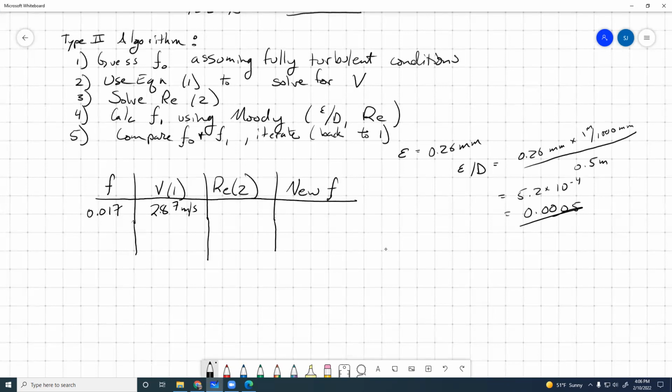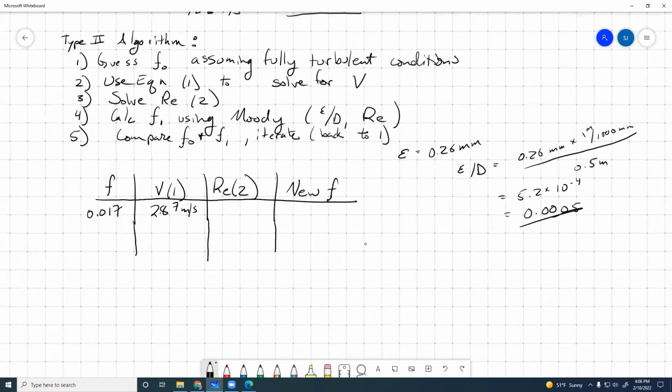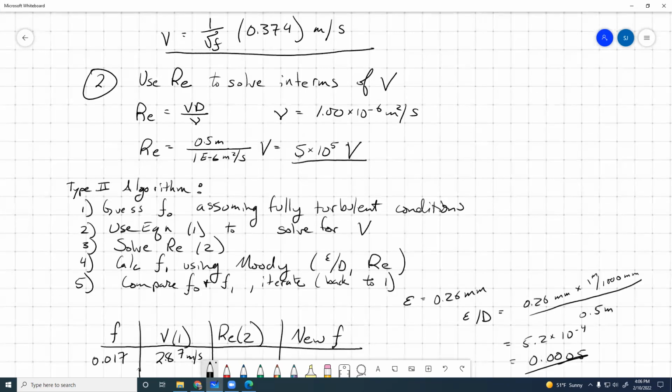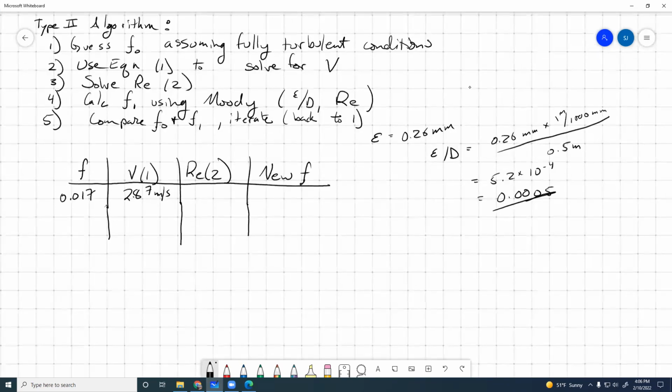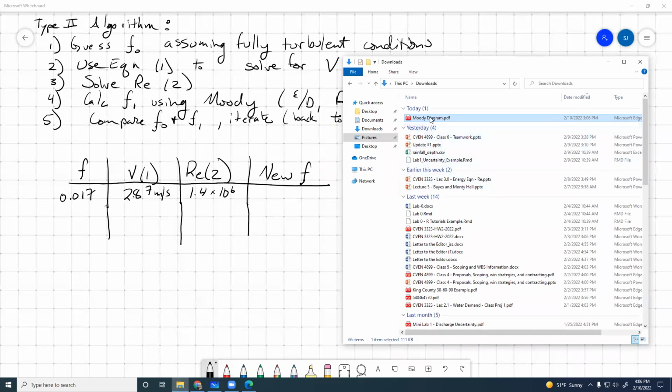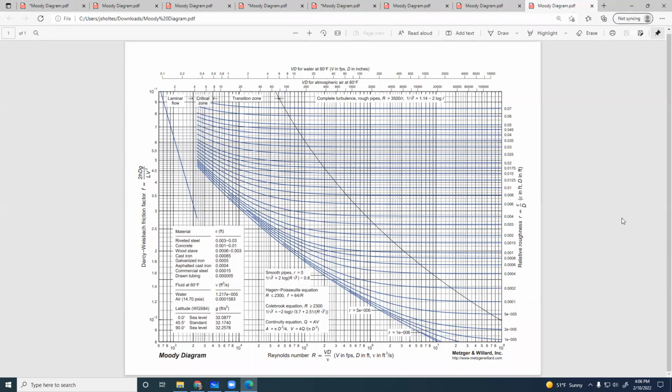Plug that into our Reynolds number equation and solve for Reynolds number. 0.5 times 2.87 divided by 10 to the negative 6 gives 1.4 times 10 to the 6. Okay, so now we have a Reynolds number. Let's go back to Moody and see what's going on there, at 1.4 times 10 to the 6.